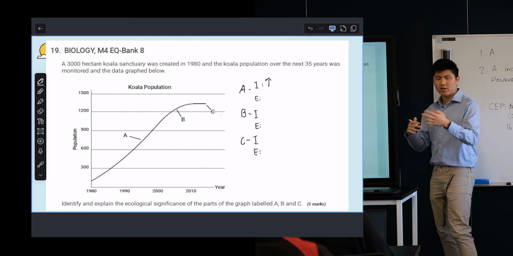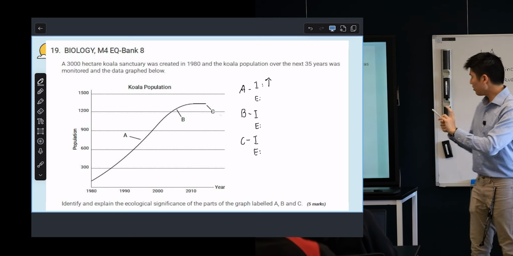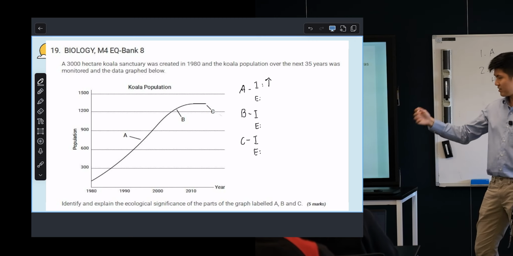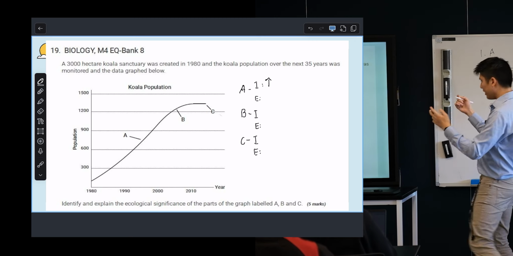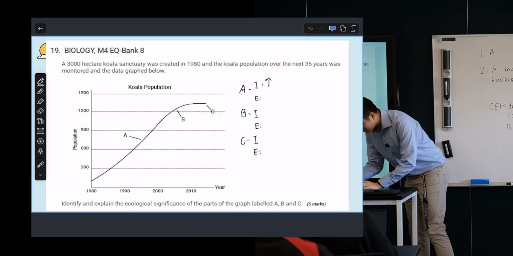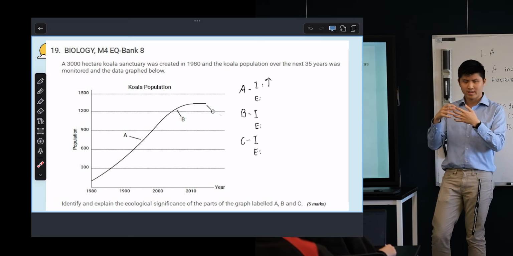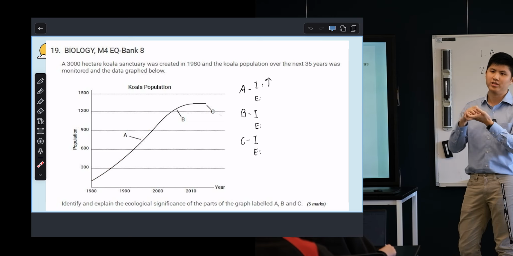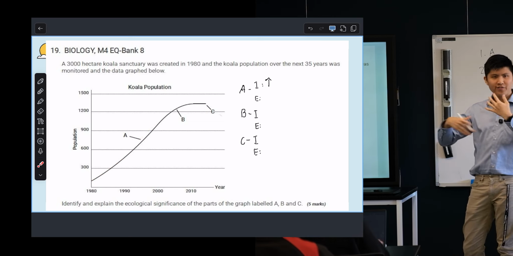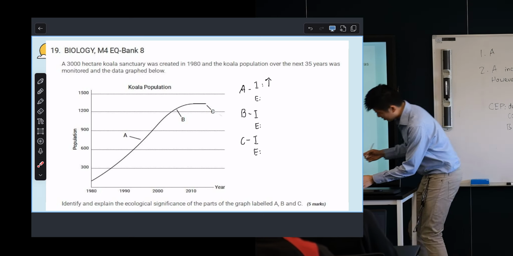Yeah, right. So yeah, it's a sanctuary, right? So there's no competition. That could be one. Also, it's a really large sanctuary. So when it's increasing so rapidly, it's probably telling me that they're not yet having to have some intra-species competition for resources, right? So food and whatnot is probably still very abundant. Okay.